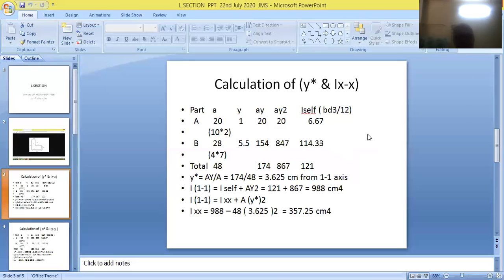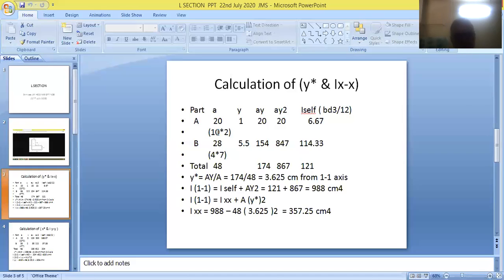Now, friends, as discussed in the previous slide, the figure that is given in the previous slide: the width of the first component is given as 10 centimeter and the depth is given as 2 centimeter. And similarly, the width of the second component is 4 centimeter, and the depth of the second component is shown as 7 centimeter.